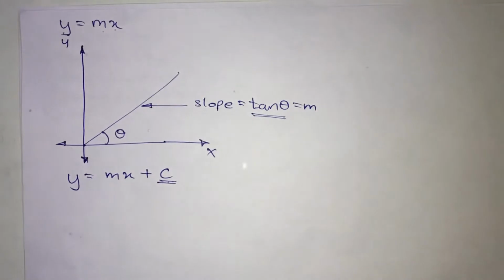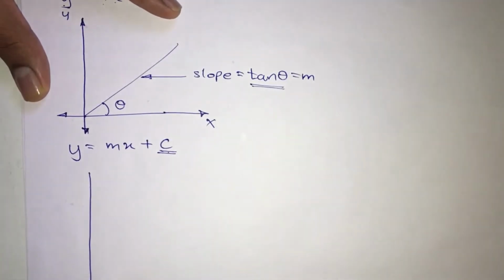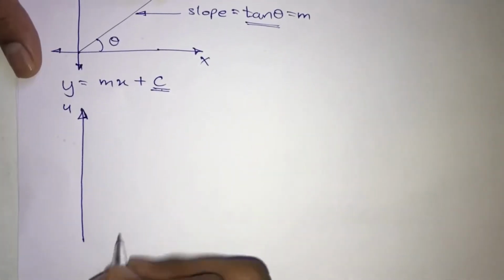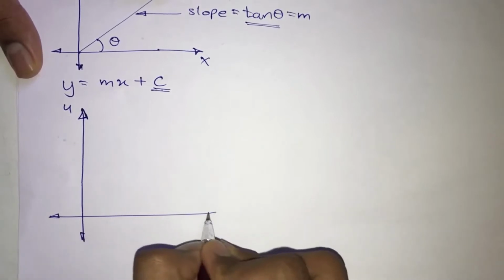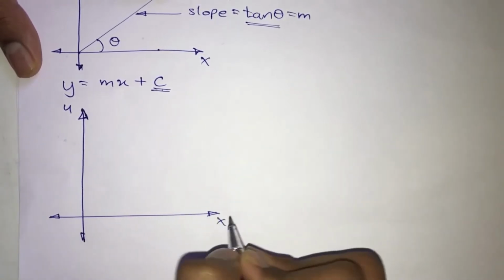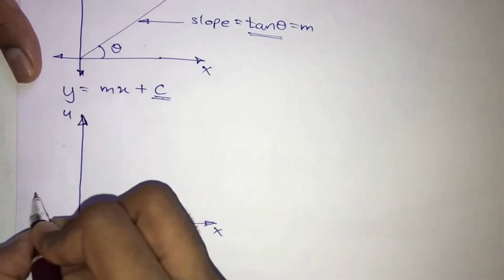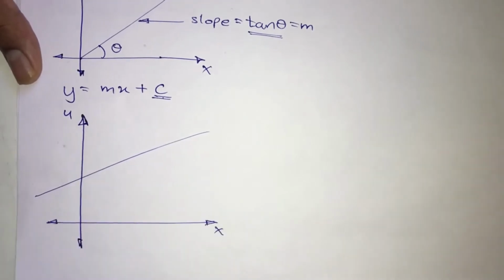So from where it is going to pass, let us understand that. Okay, so I draw a basic y-axis over here, and I draw a horizontal x-axis. Now this line is going to pass somewhere from above, it is cutting the y-axis.